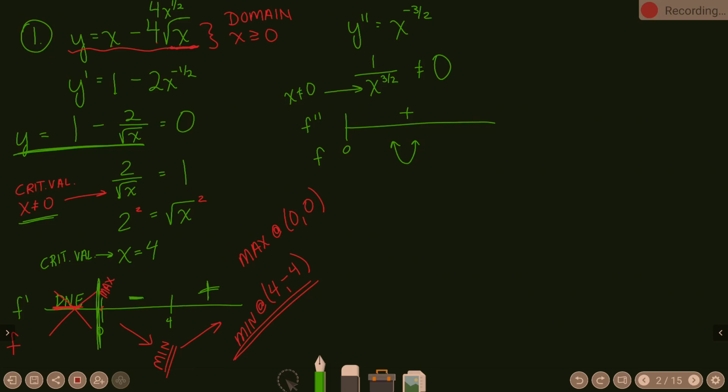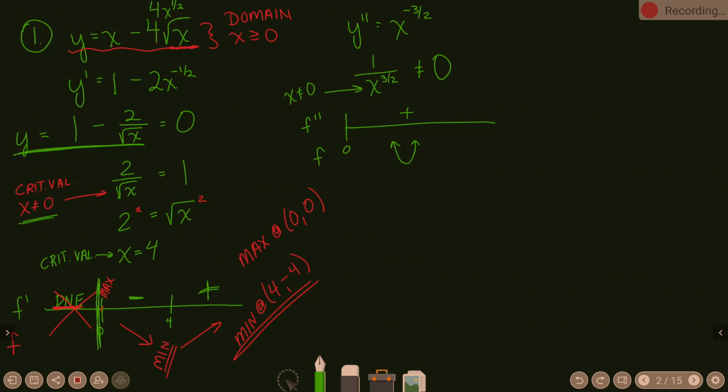Now, trying to think, what else do we have? Anything else? I guess she did talk about labeling any intercepts. We already know there's an intercept at 0, 0. Did she show how to find the intercepts in her notes? No? Okay.